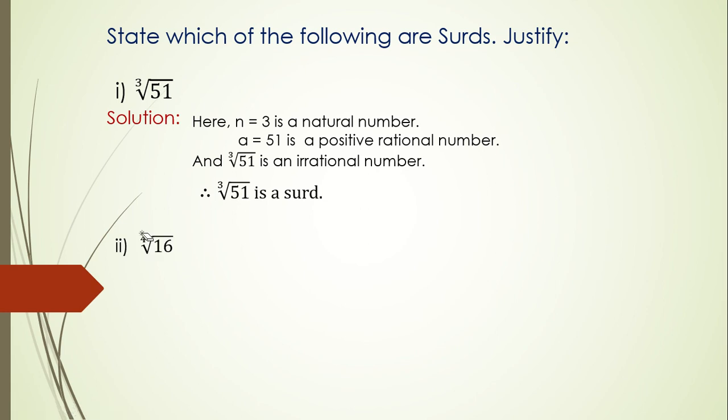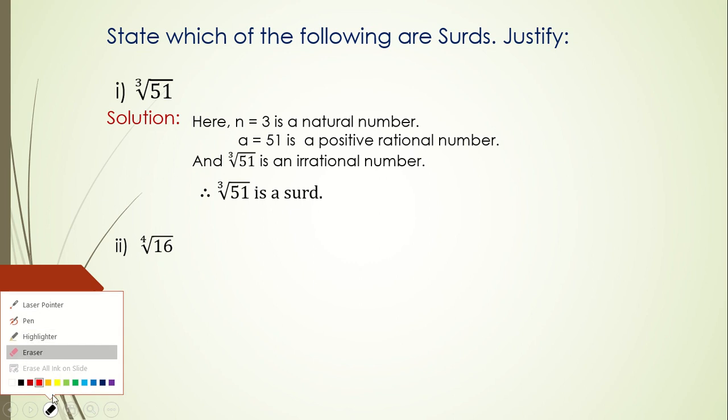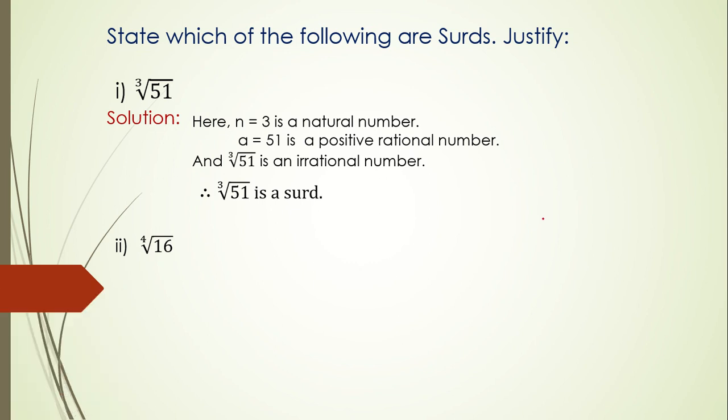Then the next, 4th root of 16. Now just check. 2 raised to 4 is what? 2 raised to 4 is 16, right? 2 2s are 4, 4 2s are 8, and 8 2s are 16. So if you multiply 2 four times, then it is 16, right? So 4th root of 16 is 2, right? The answer is 2.